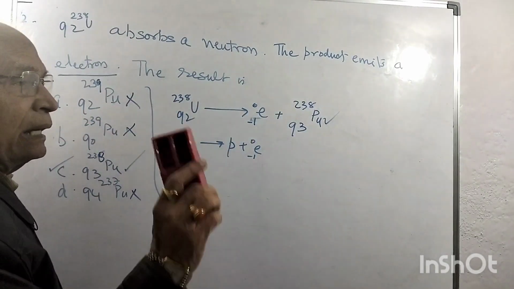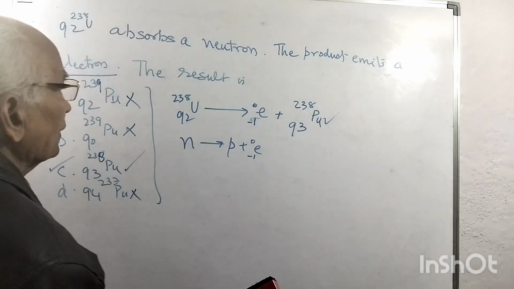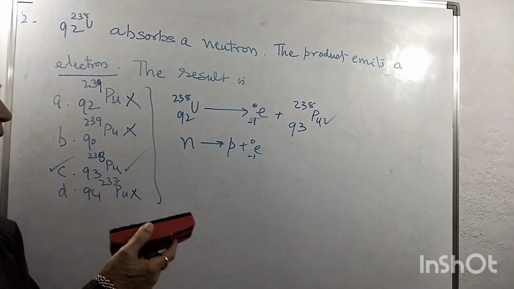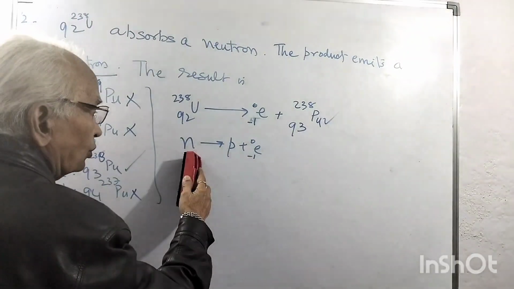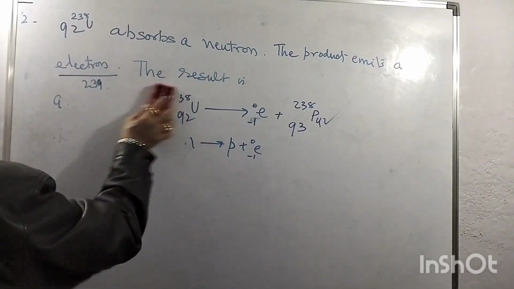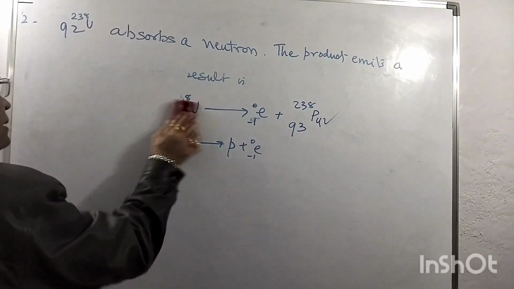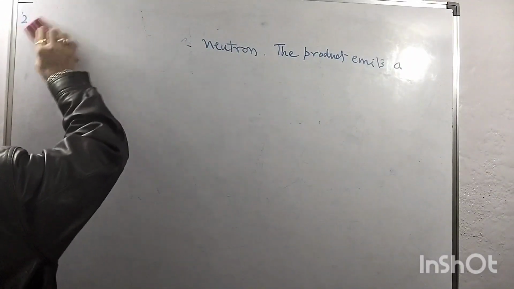In beta decay, positive charge increases by 1 unit because neutron changes to proton. So in beta decay, charge increases by 1 unit and mass remains same. No mass change.